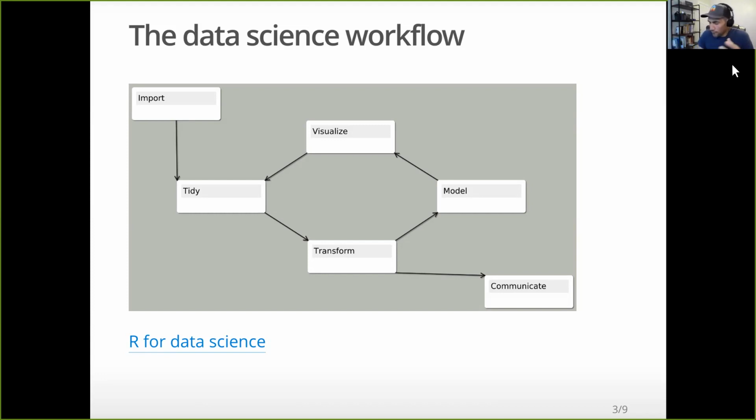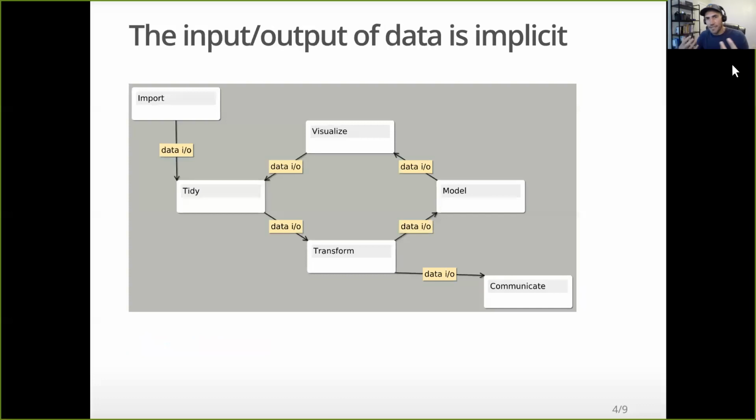So in this workflow, data is implicit. At each step, connecting these multiple boxes, there is data flowing from one activity to the other. I/O stands for input and output. Even if you are not saving data anywhere on your computer, you're still doing inputs and outputs because, for example, you may be reading data, that's an input, and then that data will be stored at least temporarily in your global environment.